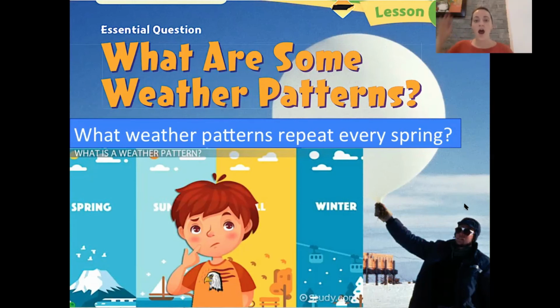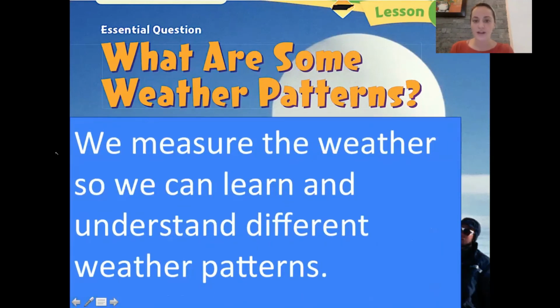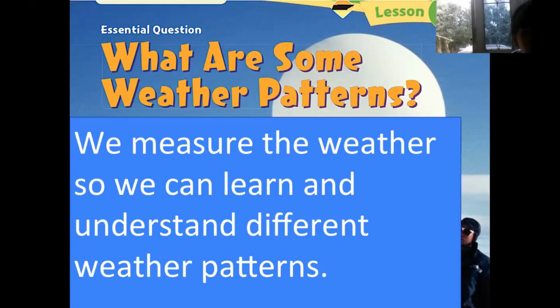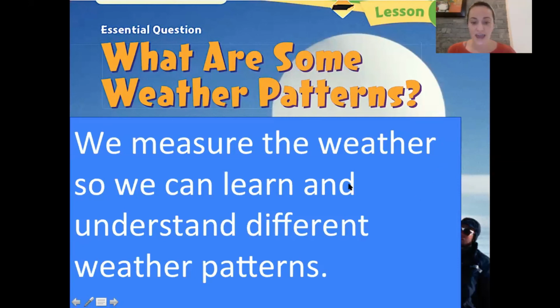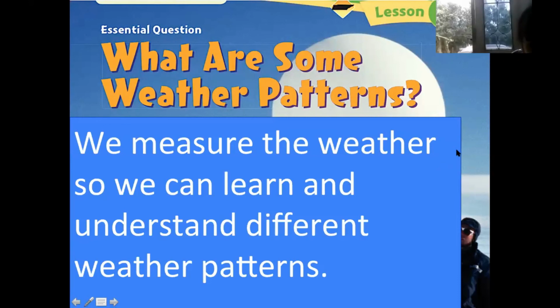Sunny, cloudy, hot, cold, rainy, windy, right? Maybe there's a thunderstorm. Maybe there's no wind at all. Snowing. So these weather patterns repeat. The weather pattern in winter is different than summer. We measure the weather so we can learn and understand different weather patterns. Good.